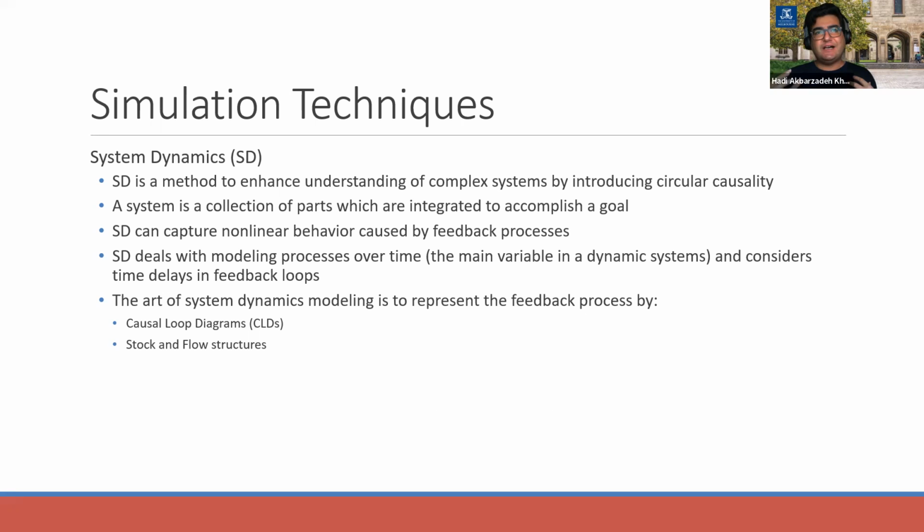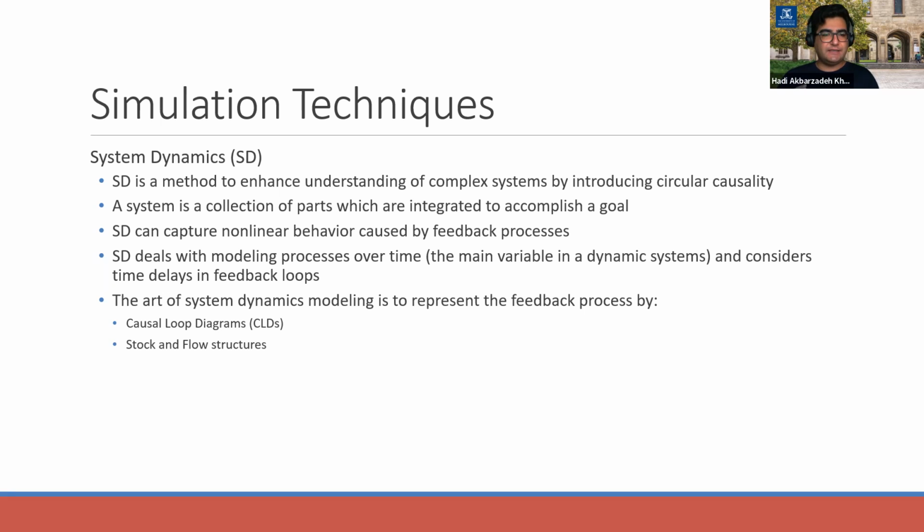It also assumes that sometimes the response variable can have a causal relationship with the independent one. So it tries to capture higher dynamic, higher complexity, and higher nonlinear behavior in a system. What does it mean, the system, which is a collection of parts or elements that work together to accomplish a goal? So they can interact with each other in a nonlinear way.